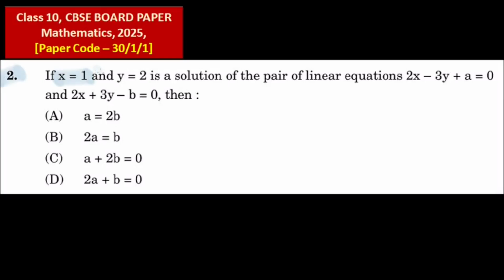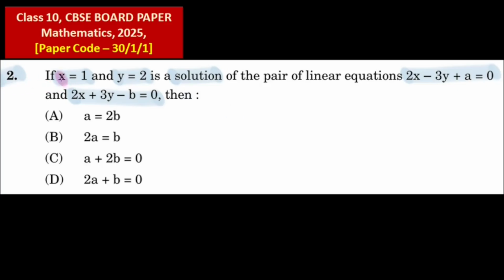Question 2. X equals a and y equals 2 is a solution of pair of linear equations 2x minus 3y plus a equals 0 and 2x plus 3y minus b equals 0. Then we have to choose the correct option.